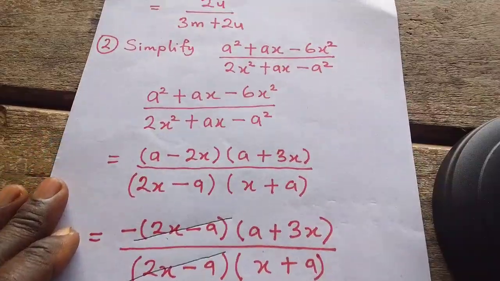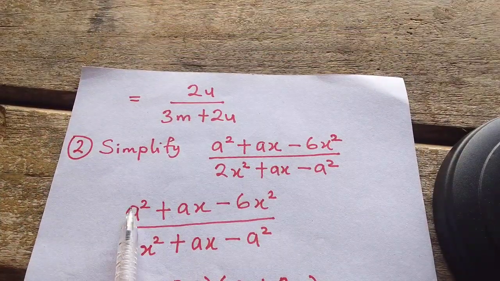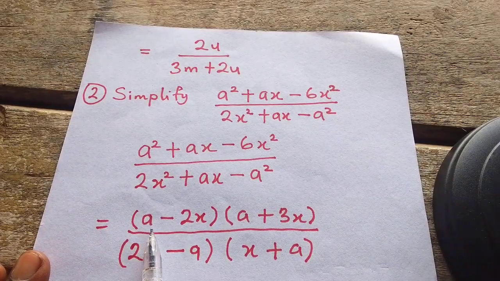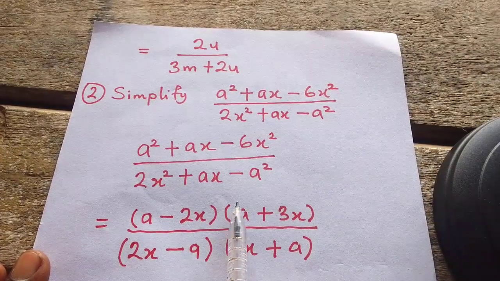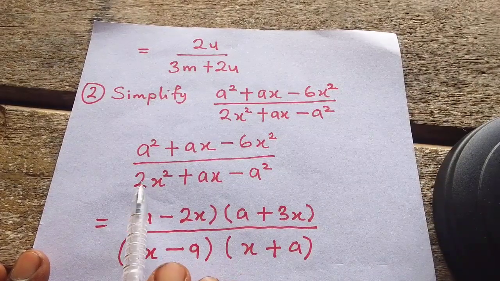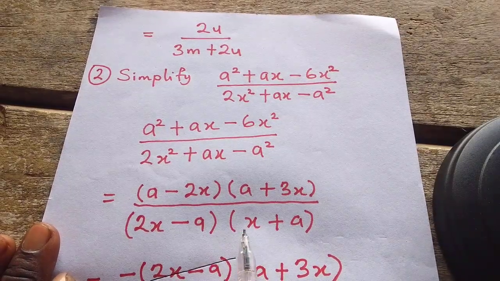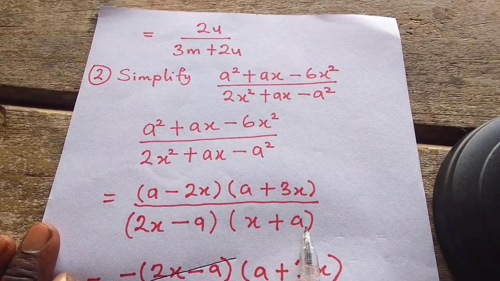So in a nutshell, when you are told to solve something like this, first of all, factorize the numerator, you get (a minus 2x) times (a plus 3x). Factorize the denominator, you get (2x minus a) and (x plus a).